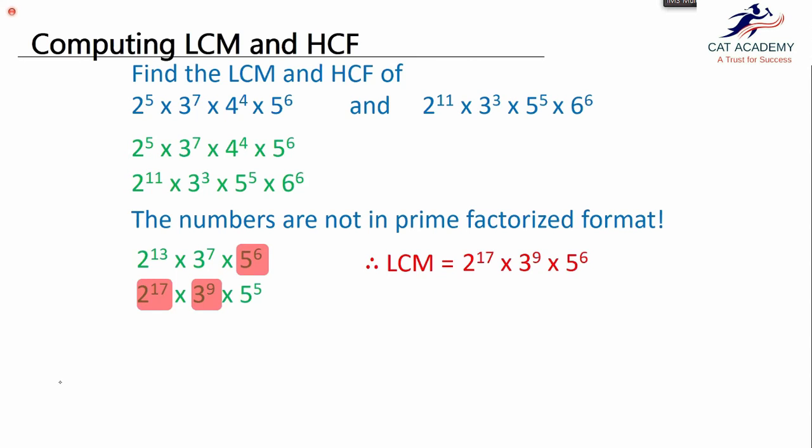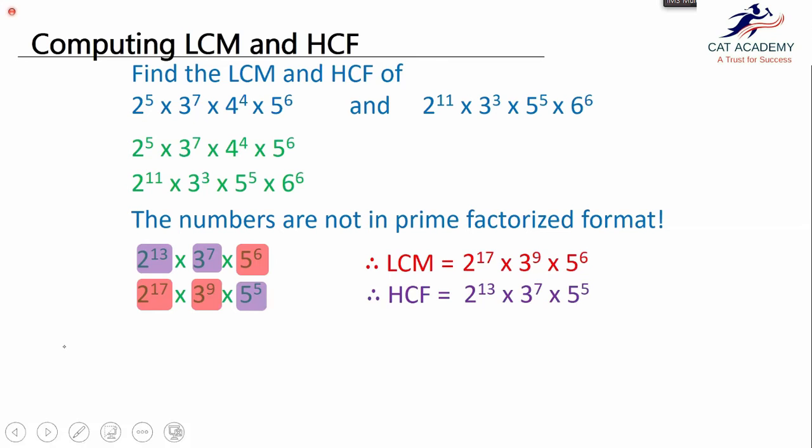And HCF would be 2 raised to 13 into 3 raised to 7 into 5 raised to 5. Correct? Understood, everyone? All right.